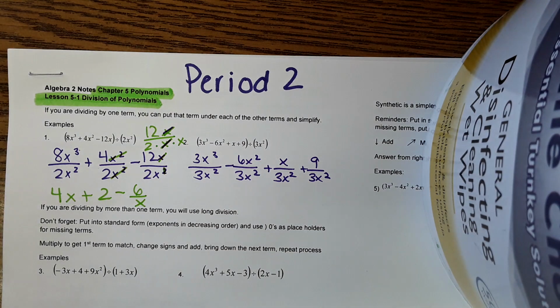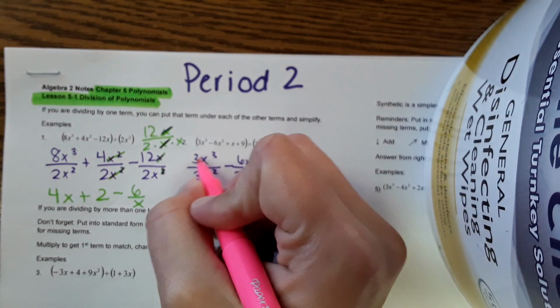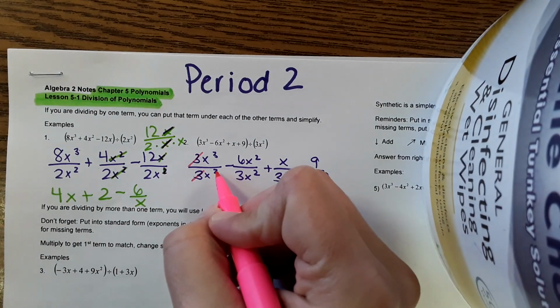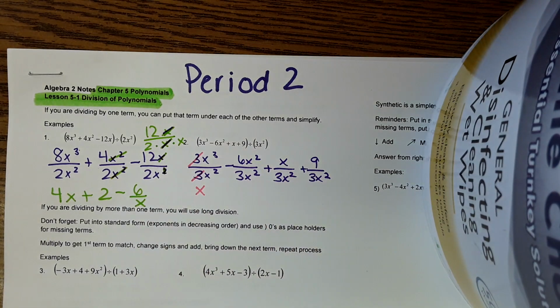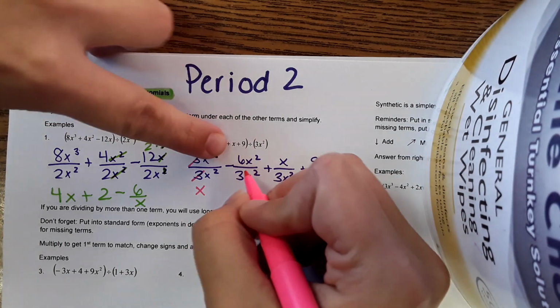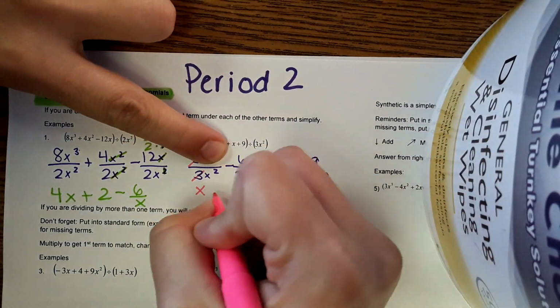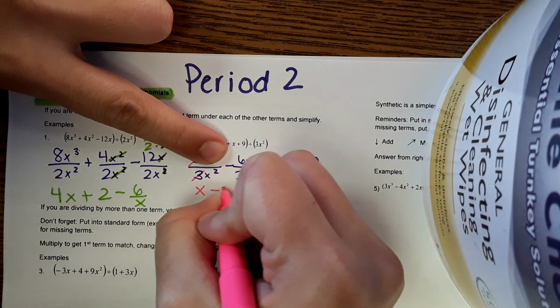Okay, so now we simplify. 3x cubed divided by 3x squared, the only thing that this would cancel, then you subtract 2 x's from this and you're just left with an x. Then for the next one, 6 divided by 3 is going to be 2, so minus 2.